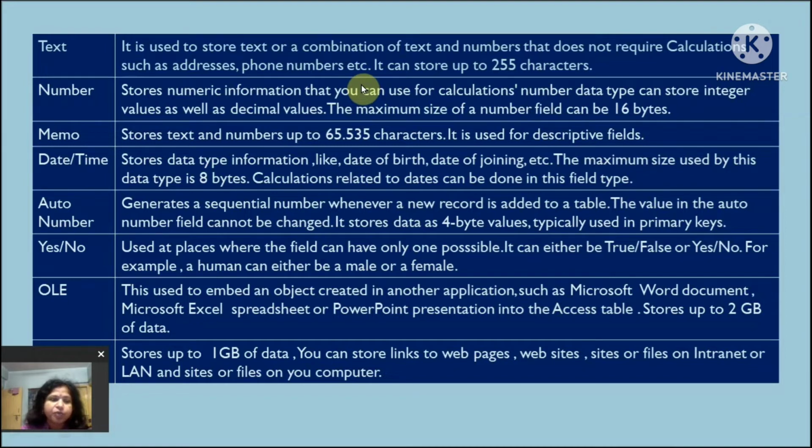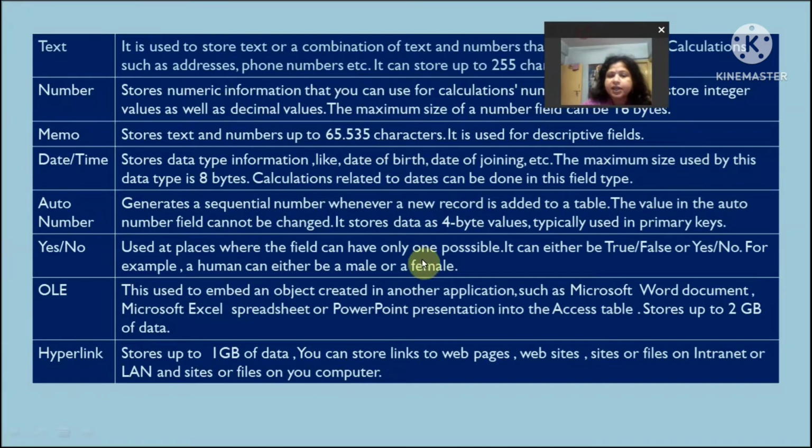Yes or no is used at places where the field can have only one of two possible values. Okay. Either yes, no, true, false. For example, a human can either be a male or a female. Okay. OLE is used to embed an object created in another application, such as a Microsoft Word document, Microsoft Excel spreadsheet or PowerPoint presentation, into the Access table.